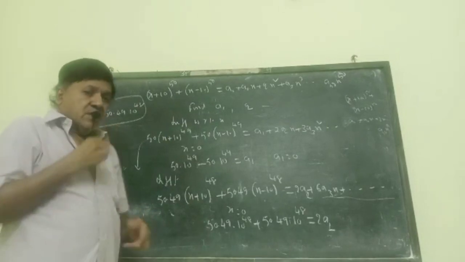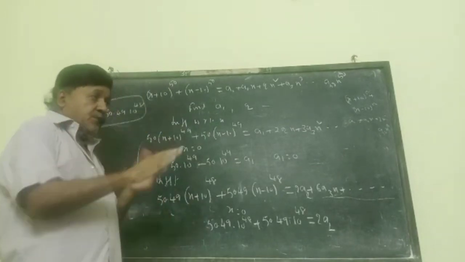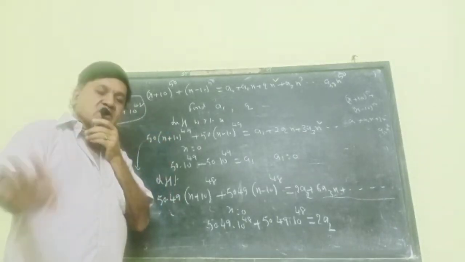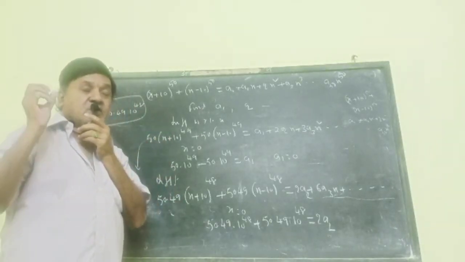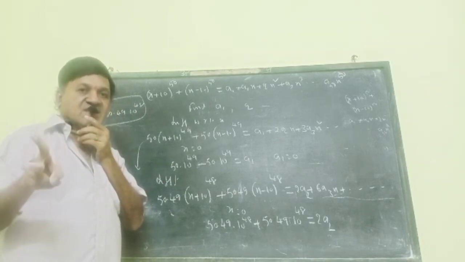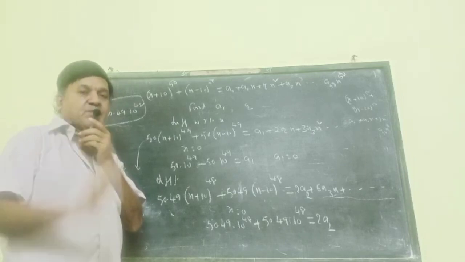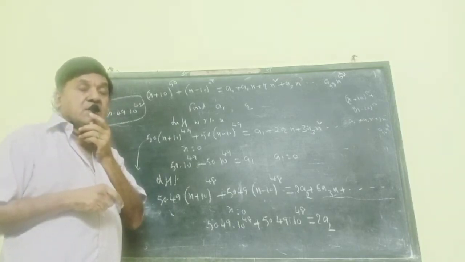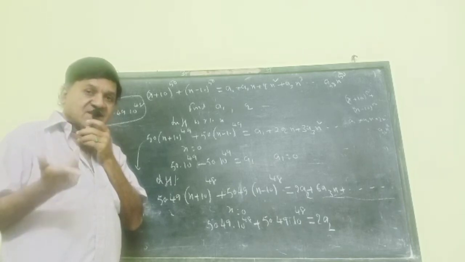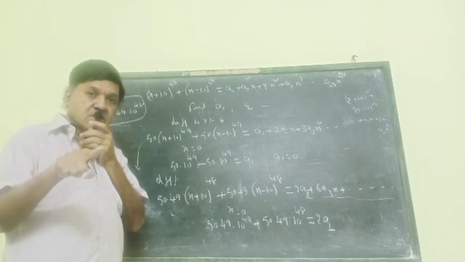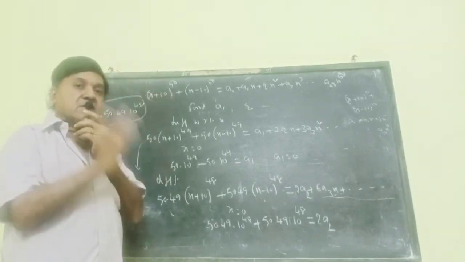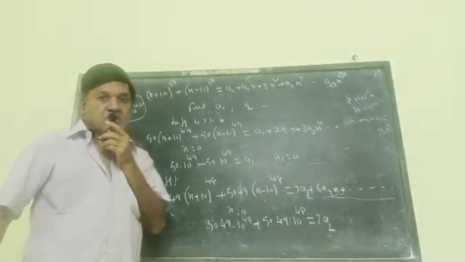So whenever you come across equations like this, if you want to calculate the constant term, put x equal to 0 on both sides. If you want to calculate the coefficient of x, differentiate once, put x equal to 0. If you want to calculate the coefficient of x square, differentiate twice, put x equal to 0, then you will get the 2a2 value. Then you can estimate the a2 value. This is what you are supposed to do.